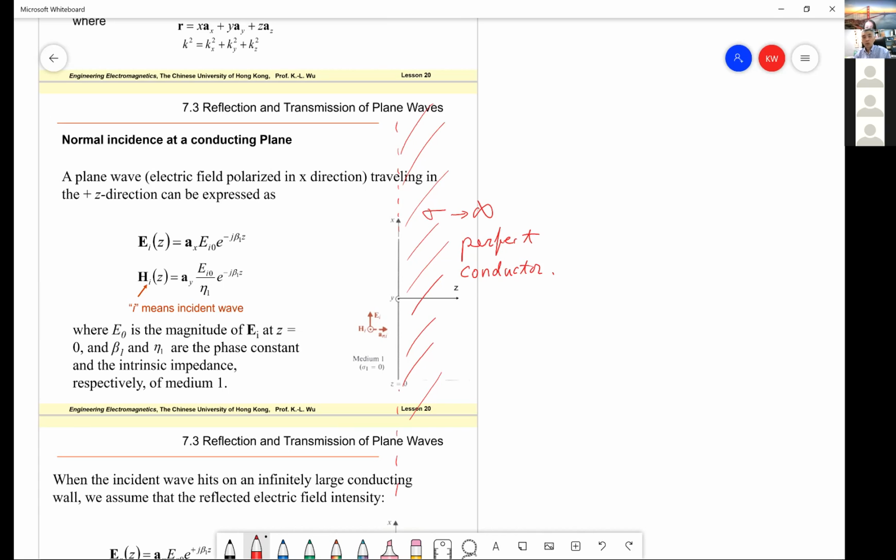This wall divides the space into two. One we call medium 1. In medium 1, I assume there is no loss, sigma 1 equal to 0. And the other side is medium 2.